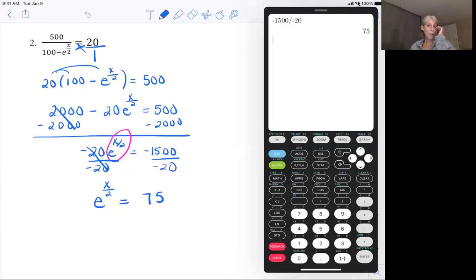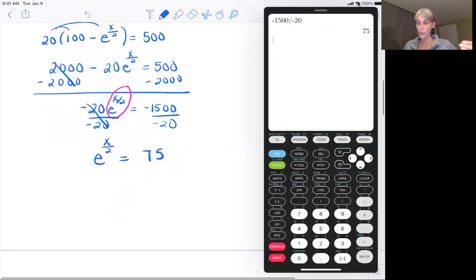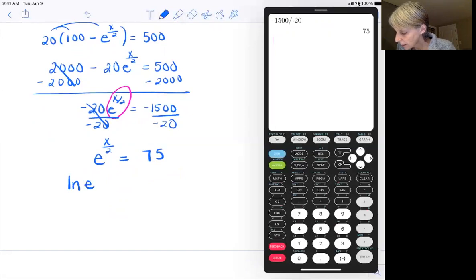And now at this point, when you have a number equal to a number, you can put logs on. So that was a lot of work just to get it to a point where now we're going to start to solve it. So I have ln e to the x over 2 equals ln of 75. Well, remember that x over 2 can come out front.